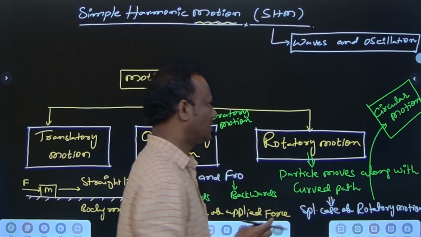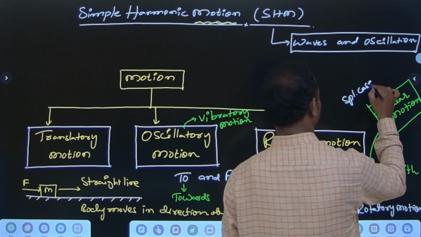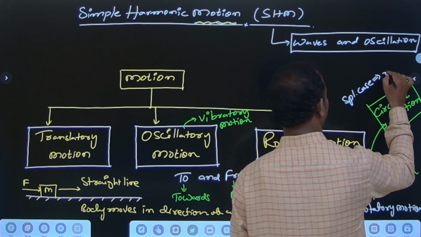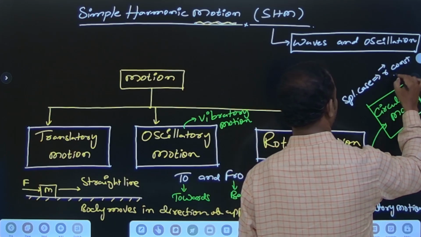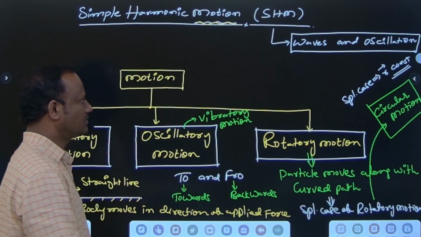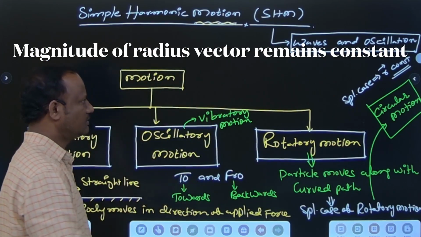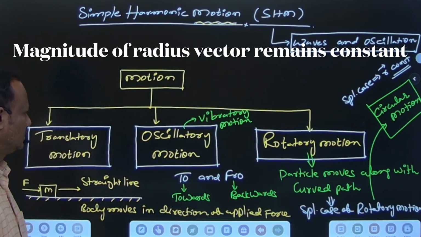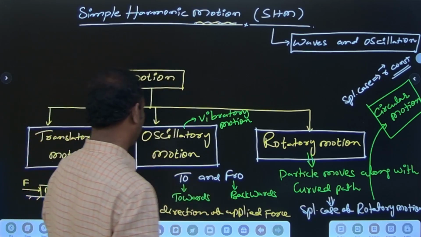What is the special case? The special case is that the radius vector remains constant. Radius remains constant. So this is about rotatory motion.